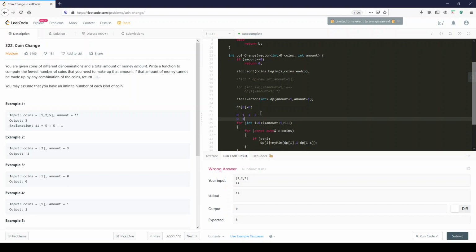Coin 1 would have needed 2 coins here. Coins 2, we see that 2 is the coin that we're looking at, 1 is smaller than 2. So we're saying this value at 2, the number of coins that we need to use, is 1 plus my 2 minus 1, which is 1. So that's the value here. So that's why we're going to get 2.